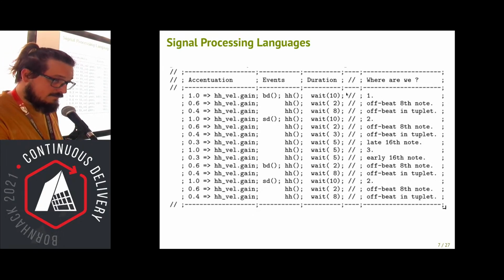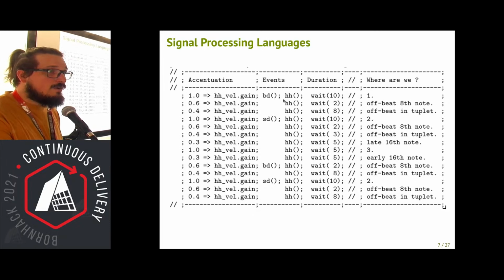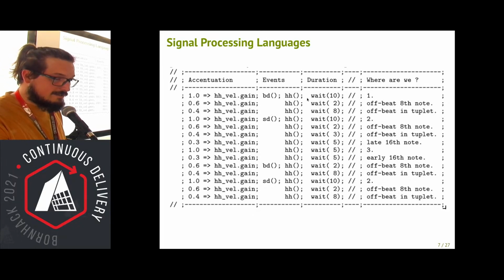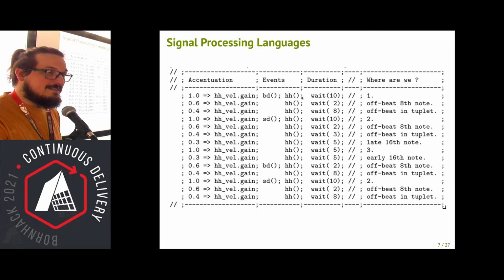Each line changes the velocity of the hi-hat channel and calls some procedures that chuck in a wave file into the signal. I have omitted these procedures in the interest of saving space in the slide. Alright, and then here I have put a comment about where we are in the rhythm.